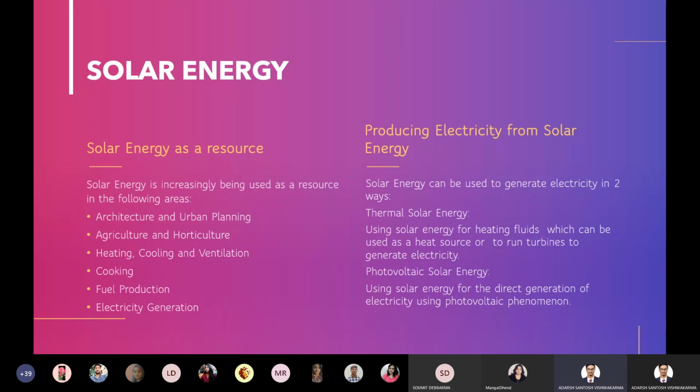So solar energy is used in various areas as a source of energy in architecture and urban planning.